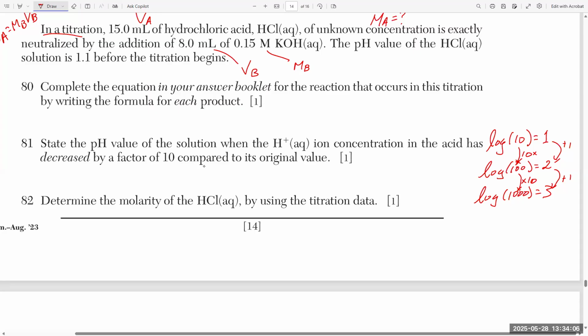All right, so let's take a look and see if you can answer this. State the pH value of the solution when the H plus ion acid is decreased, which means what? pH is going to go in which direction? pH is going to be more acidic or basic if the H plus is decreased. Think about that. Don't just blurt out because you know you're going to say it wrong.